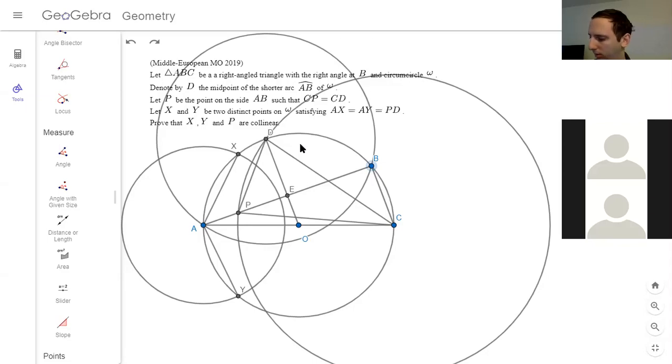Now, PD equals AX means there should be a center of rotation which takes AX to PD. Two times PA times AE is equal to PD squared.